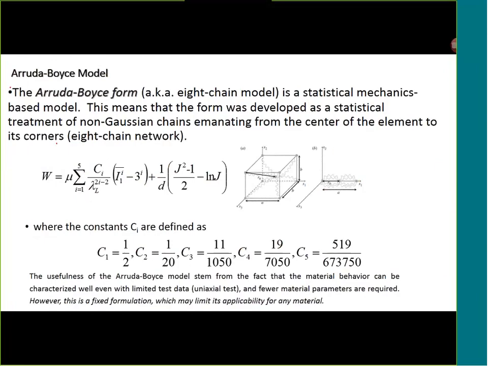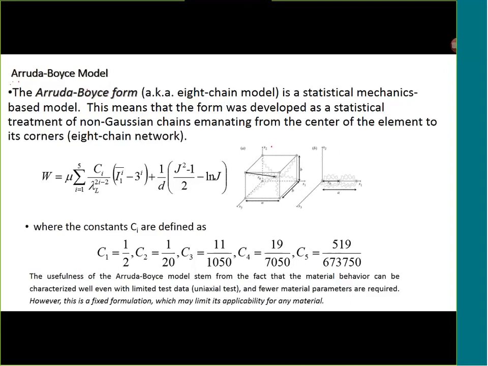The Arruda-Boyce is another hyperelastic material model. Unlike the previous material models that we have seen, which are phenomenological, this is a statistical chain network based material model. As I mentioned, there are different chain network material models based on 3 chain, 4 chain and so on.